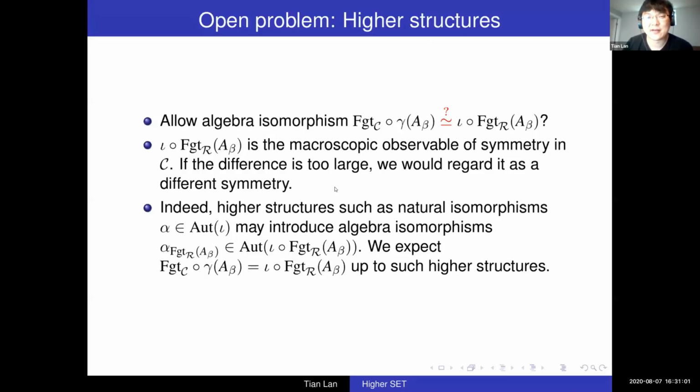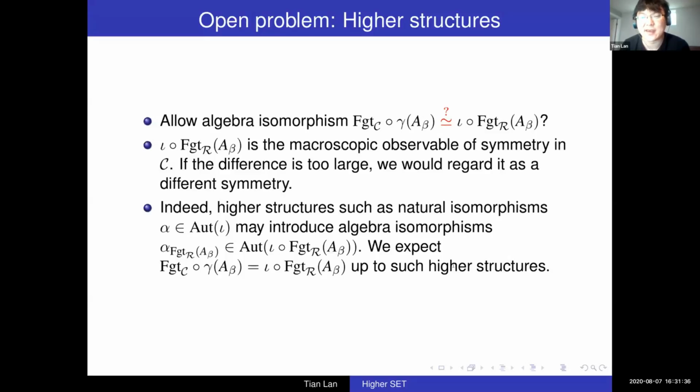And of course, there are algebra isomorphisms that can be induced from higher structures such as natural isomorphisms, and we surely allow them. But after quotienting out these things from higher structures, we would like this algebra isomorphism to be almost equality.